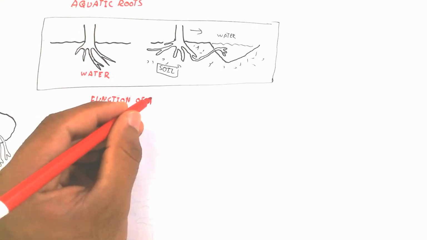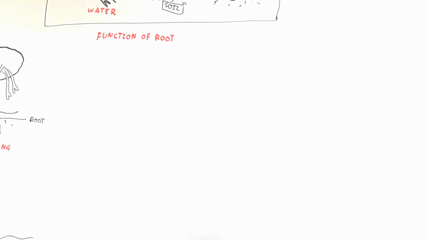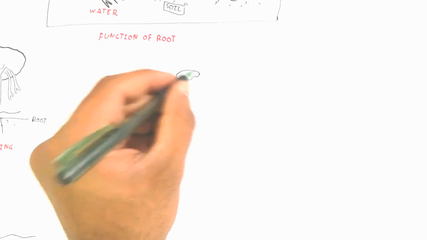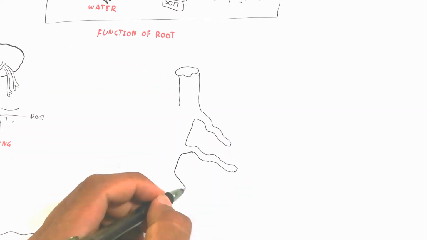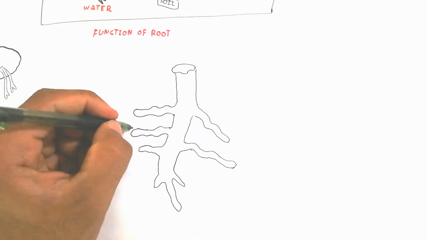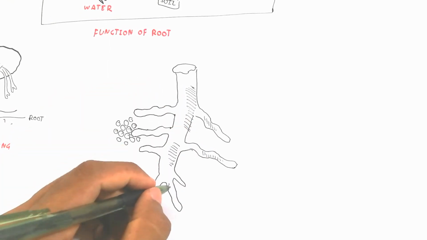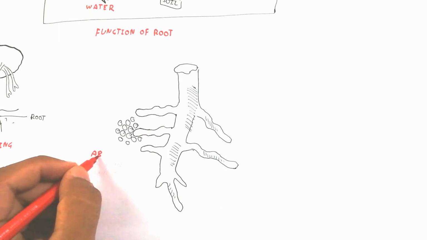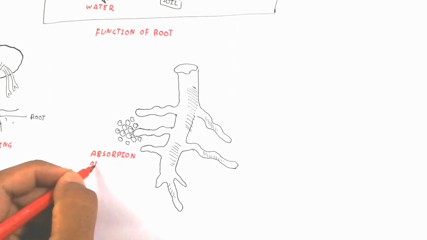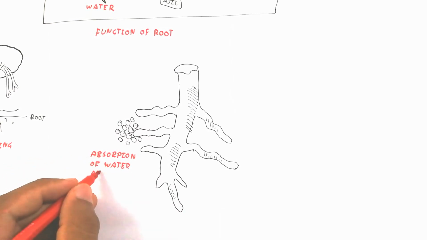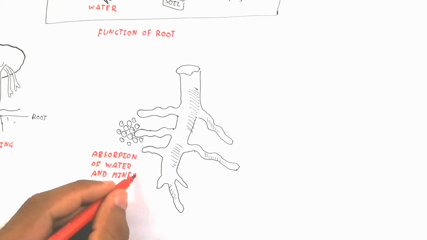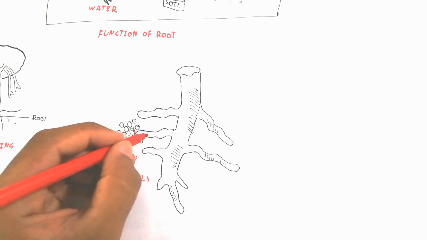Now we will talk about the function of root. The function of root is absorption of water and minerals, as well as climbing and anchoring into the soil, for retaining the plant and maintaining its rigidity to keep the plant erect.